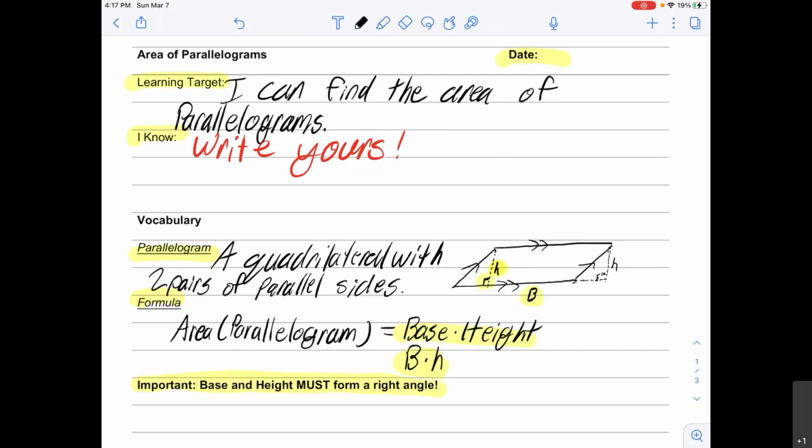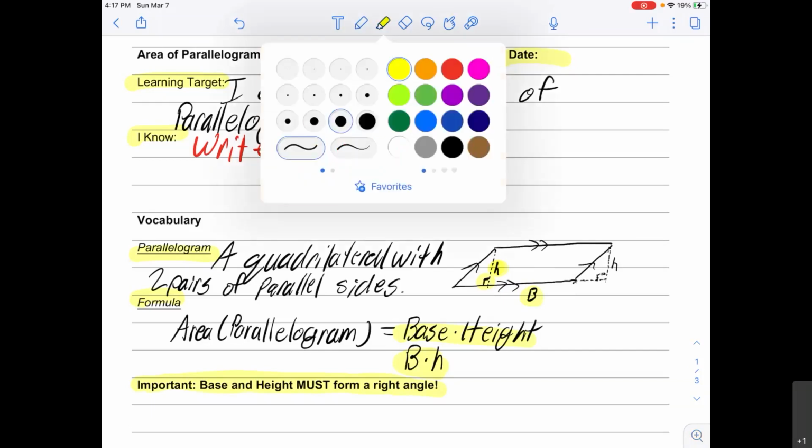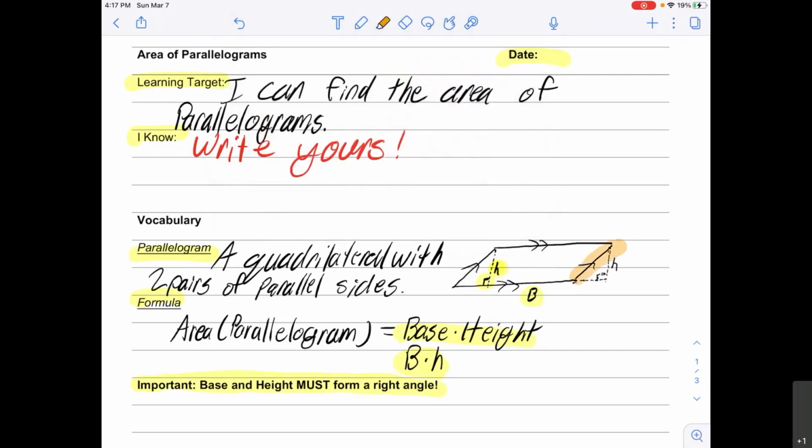The really important thing is that they have to have that right angle. The line here that's not at a right angle is not the same distance as the height. Those are different length lines. And if you use the angled line, you're going to get the wrong answer. So really, really important. When you use your height and your base, they have to form a right angle.